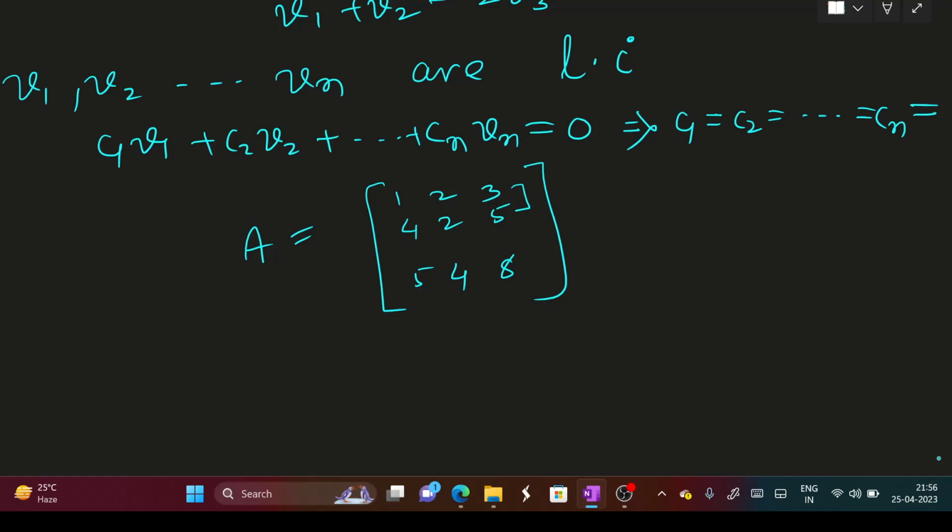But what about the third case? Observe, 1 plus 4 is equal to 5. 2 plus 2 is equal to 4. 3 plus 5 is equal to 8. That means the third row is a linear combination of the first and second row. That means this matrix is singular, and if the matrix is singular, then the vectors are linearly dependent.